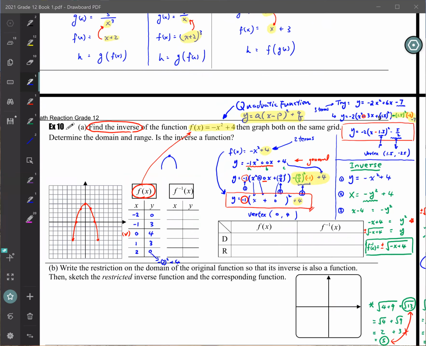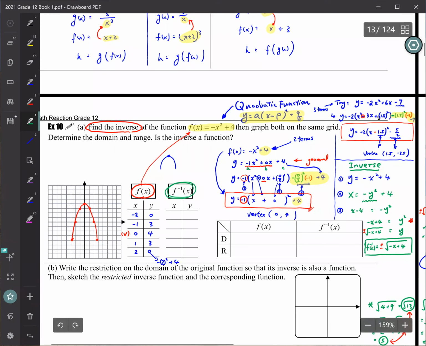Eric, how do we graph the inverse? I guess we finish the table and then plot it out. Yeah, but how do we get the table quickly? You just flip everything. Yes, very good.